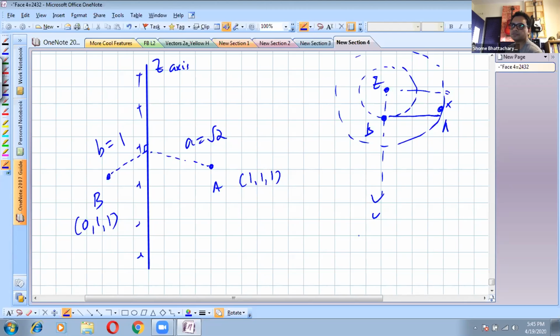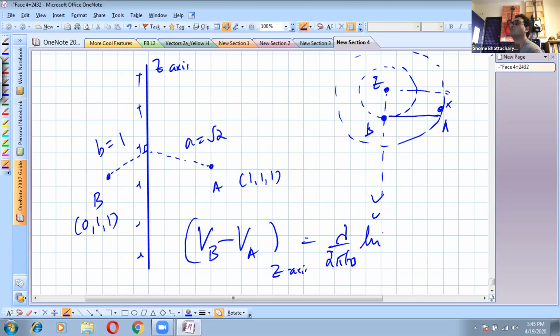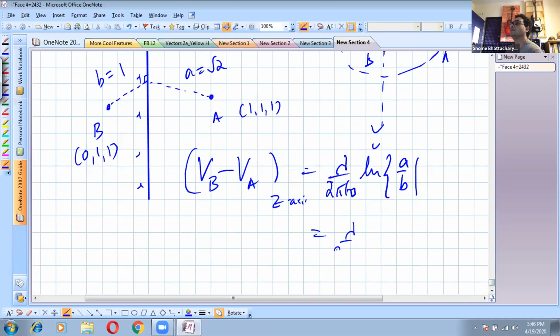You understanding this now? So VB minus VA, just because of the z-axis line, will become lambda upon 2 pi epsilon naught, natural log of A divided by B. Because you're going from a point which is further away to a point which is closer, your potential difference should be positive. So it is lambda by 2 pi epsilon naught ln of root 2.